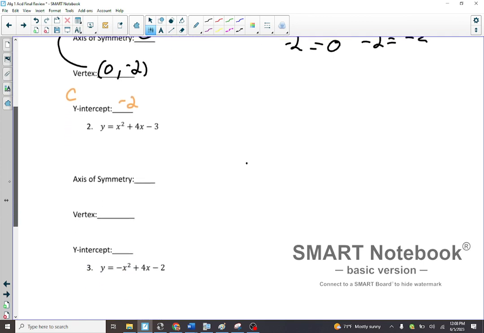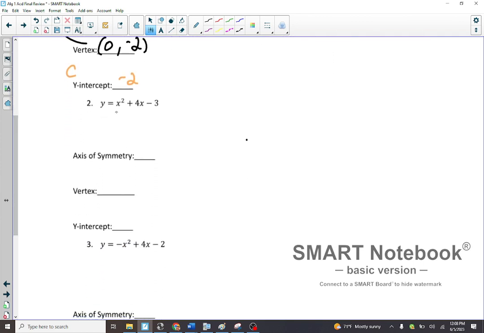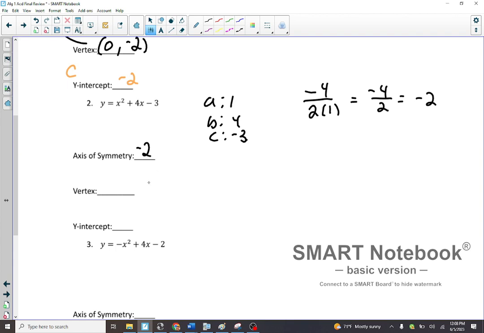Next one. A is 1, B is 4, C is negative 3. So we still use our formula, negative b over 2a. So negative 4 over 2 times 1. That's negative 4 over 2, or negative 2. So my axis of symmetry is negative 2, which means the x of my vertex is negative 2. And I take that and plug it into my original equation.